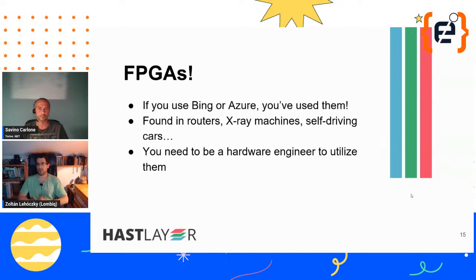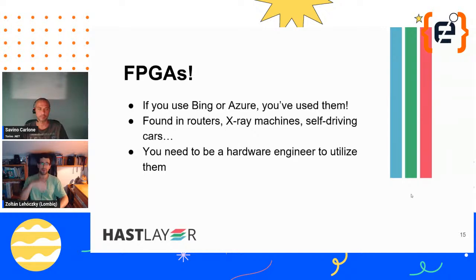Now, even if you haven't worked with them directly before, I'm pretty sure that in some way you have already used FPGAs. For example, if you Google something on Bing, then you are using FPGAs because Bing is accelerated by FPGAs. Similarly, Azure widely uses FPGAs for networking tasks.